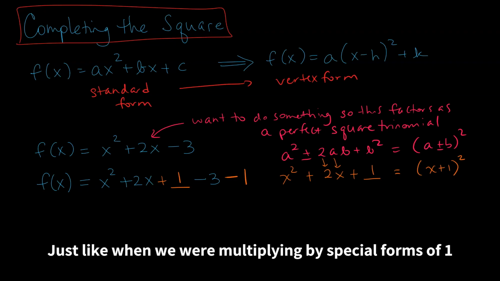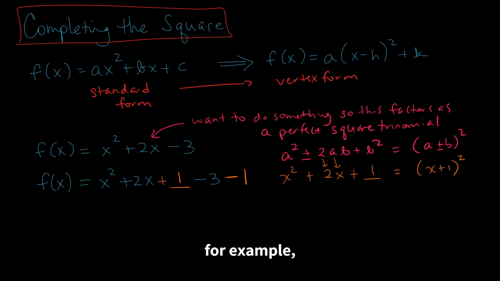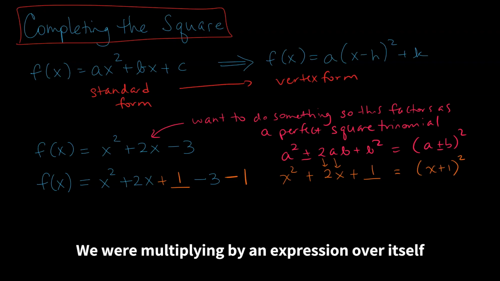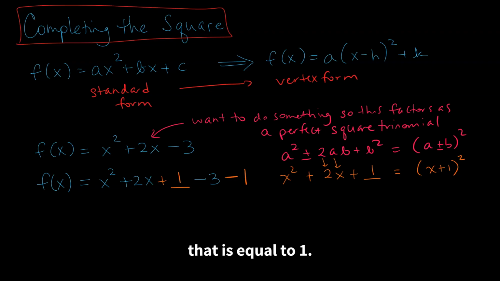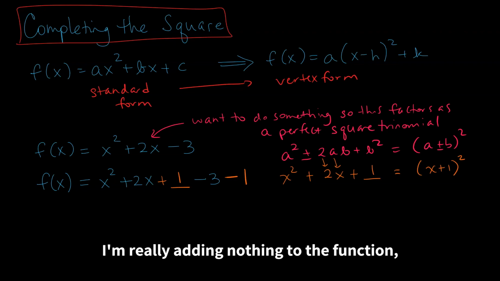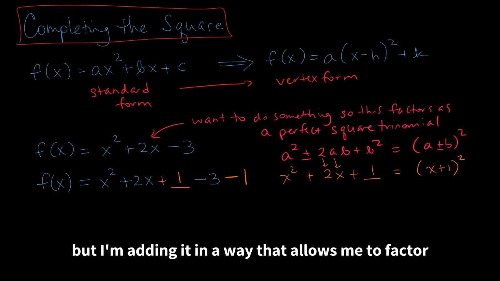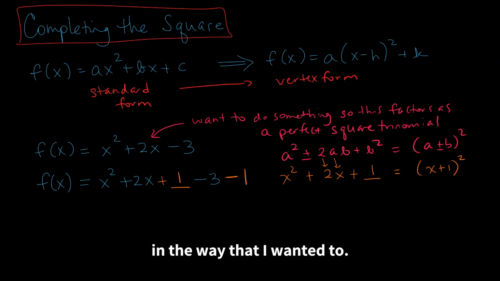Just like when we were multiplying by special forms of 1 to simplify rational expressions, for example, or to get rational expressions to have common denominators, we weren't really multiplying by 1. We were multiplying by an expression over itself that is equal to 1. Well, plus 1 and minus 1 equals 0. I'm really adding nothing to the function, but I'm adding it in a way that allows me to factor it the way that I want it to.